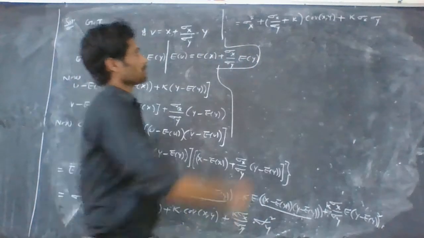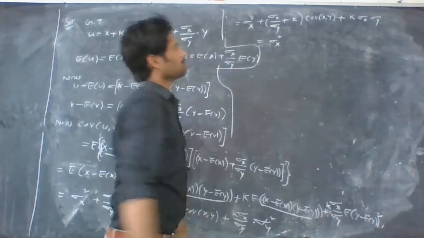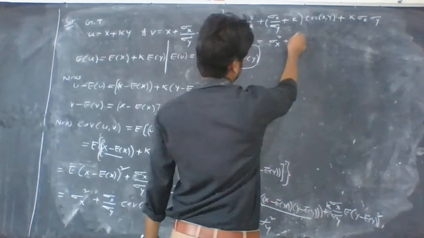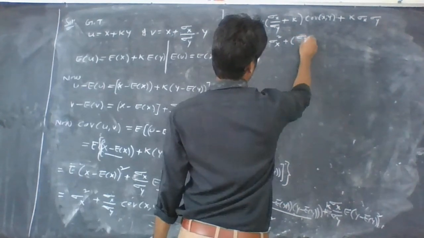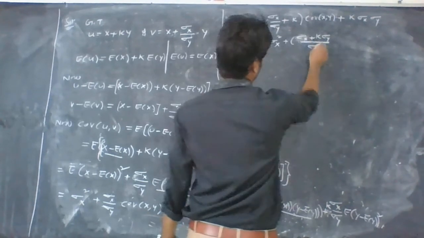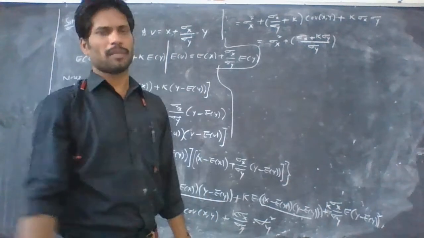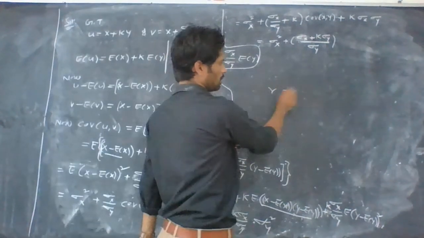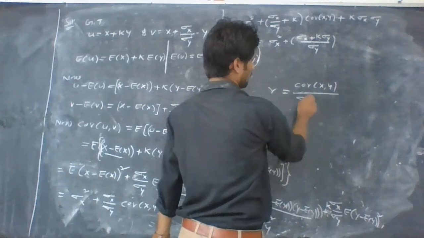Sigma square x, sigma x by sigma y, sigma x, k sigma y by sigma y, covariance of x comma y. Very important point: r is equal to covariance of x comma y by sigma x into sigma y.